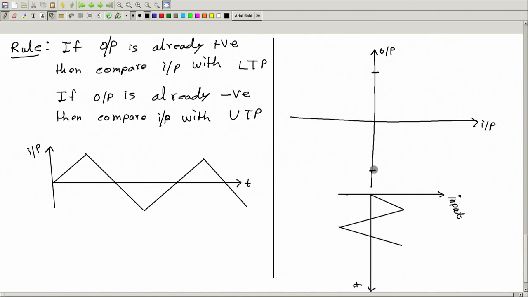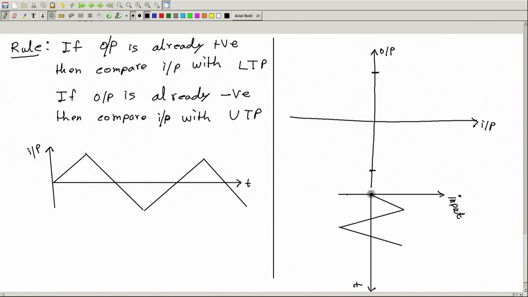The output changes depending on the comparison between the input and the upper or lower trigger point, we know. So this is the rule. It compares the input with the upper trigger point or the lower trigger point.